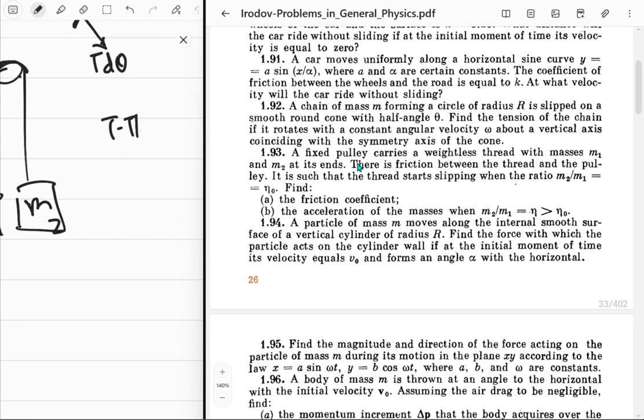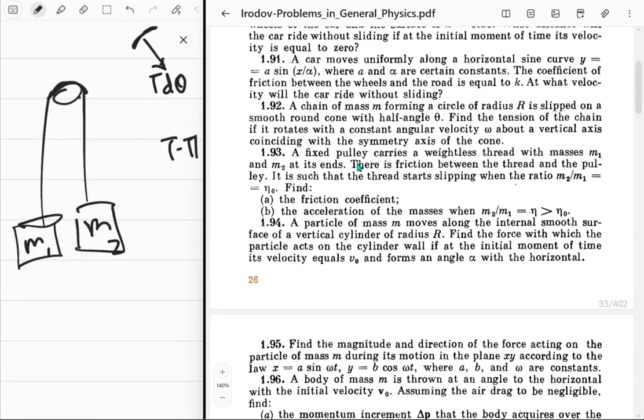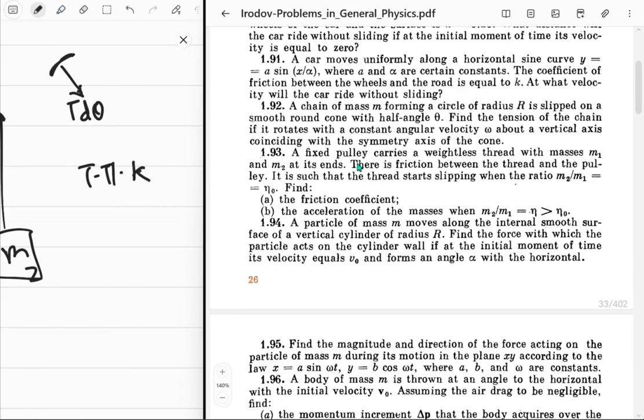Oh wow, so t times pi. How does pi jump out of nowhere? But it really is like that, because if it's cylindrical, then it has to be like that. Fine. So t times pi times k.